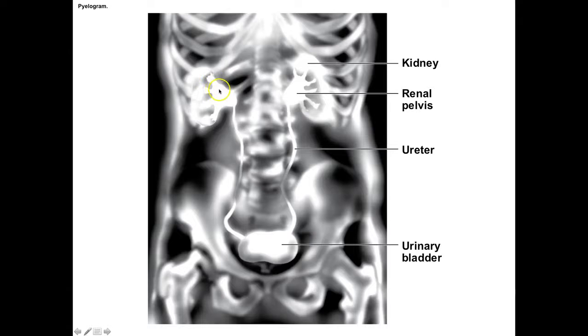Some of the calculi, the renal pelvis, through the ureter and down into the urinary bladder. So this was typically used to diagnose if you suspect somebody has kidney stones or bladder stones or an enlarged prostate or kidney cysts.